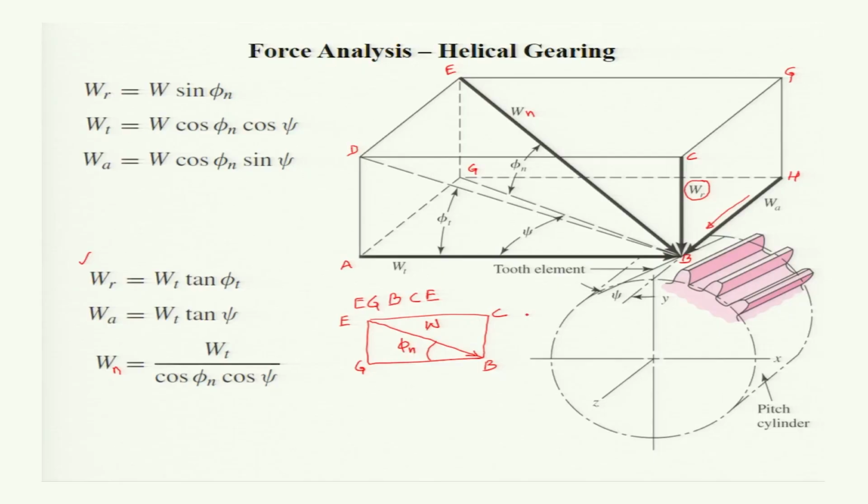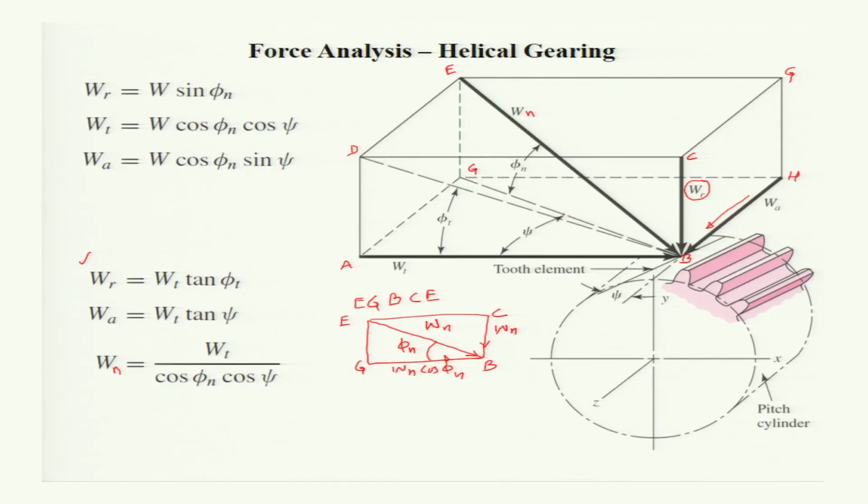Now this CB is the radial direction, and so the component of Wn in this CB direction is your Wr, and the component of Wn in the GB direction is actually the bending load, and that is Wn cos phi n.